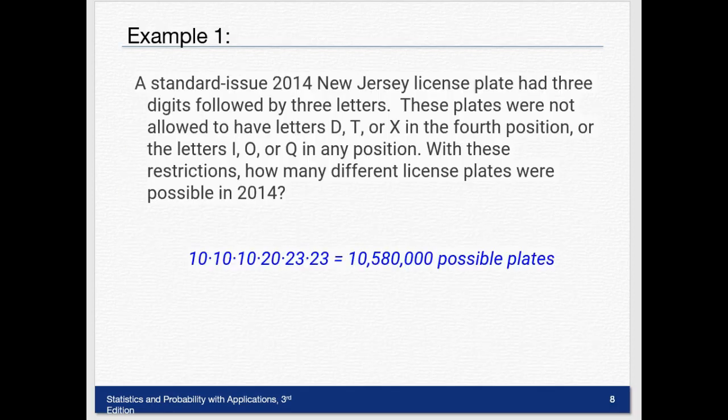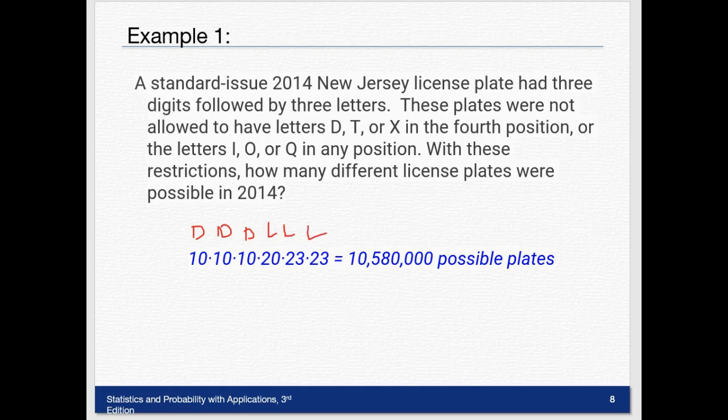All right, let's try this. A standard issue 2014 New Jersey license plate had 3 digits followed by 3 letters. So on the license plate, it has to be digit, digit, digit, and then letter, letter, letter.